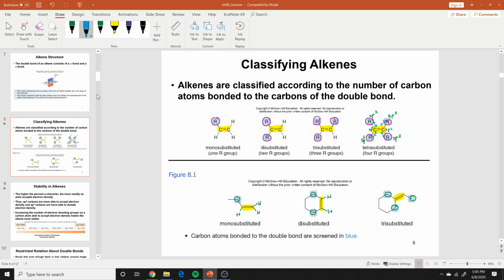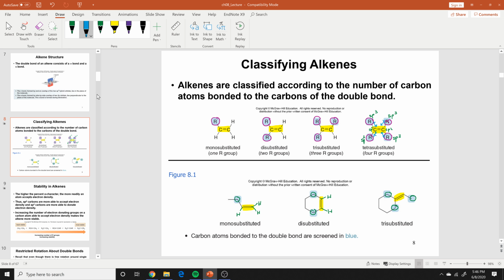So see how the electron density is spreading in there. It's not just focused on the sp2s, no, it's basically all over here. And because the electrons are being pulled from the R's going towards the sp2, we're going to call these R's electron donating groups.